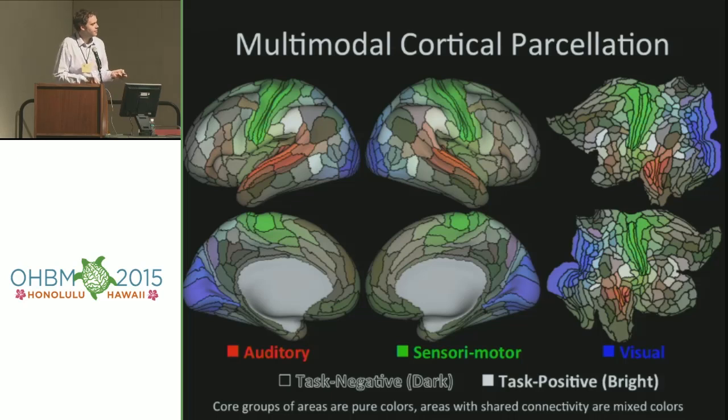And then the 2 most dominant cognitive networks, task negative and task positive, are bright and dark, respectively. And basically, the core areas are pure colors, and then the areas that are sort of in between, either being visual or somatosensory, for example, or auditory and visual, are going to be mixes of colors.